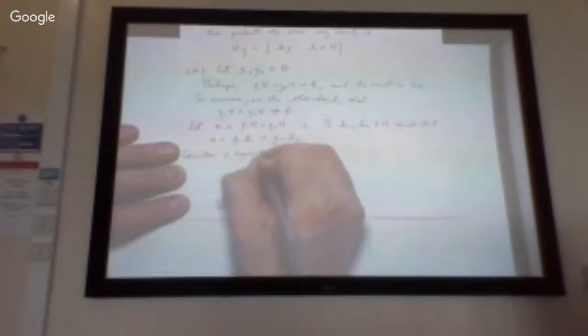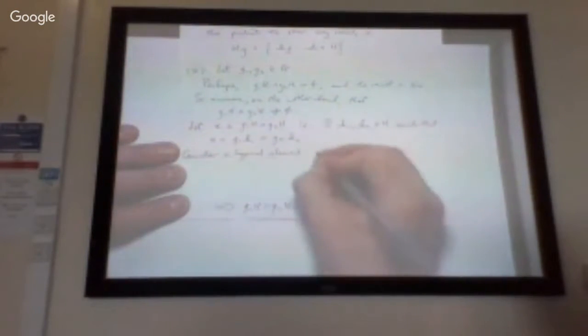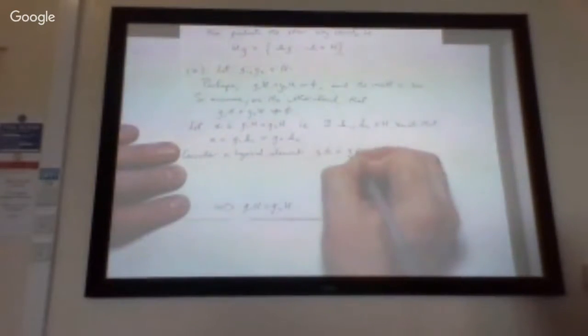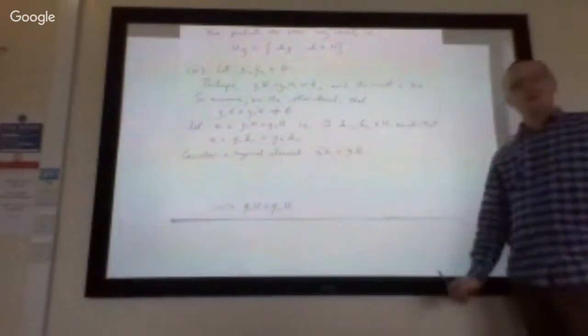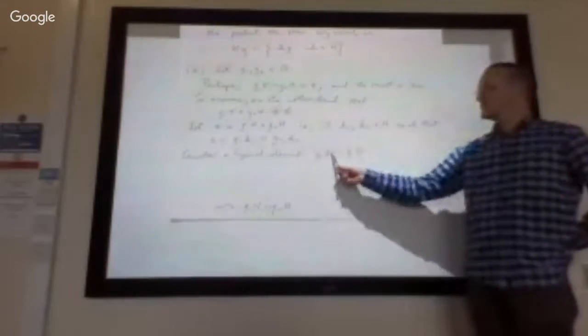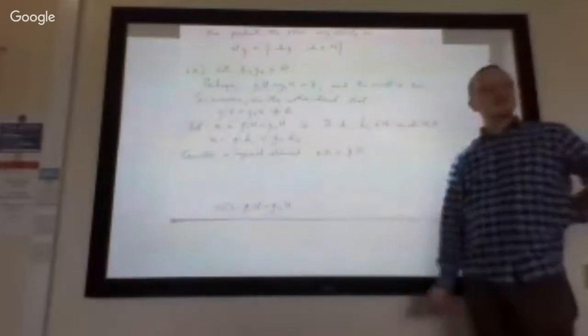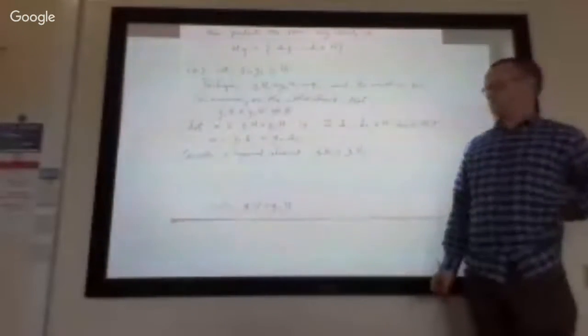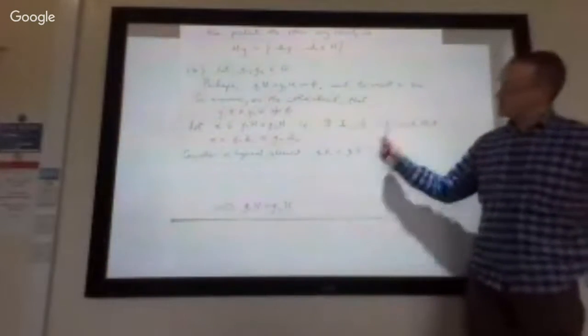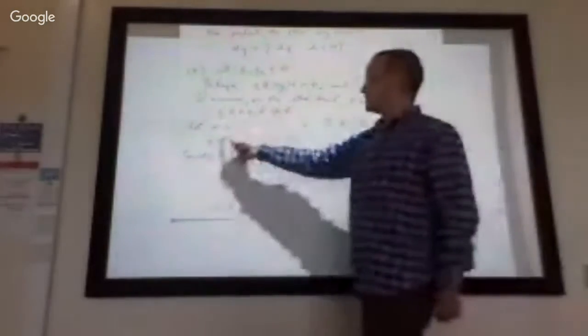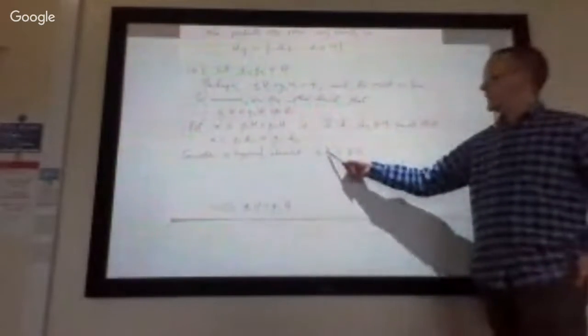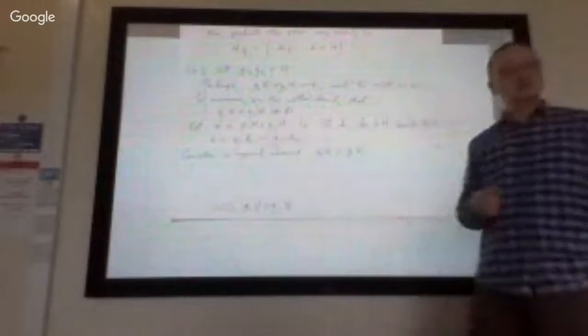So if I consider a typical element of G1H, which is an element of this left coset, how can I argue that this element is also present in the other left coset, G2H? Well, it's got to come from what we assumed. Is there some way that I can take this information and reach a conclusion that this element is also present in the other left coset?